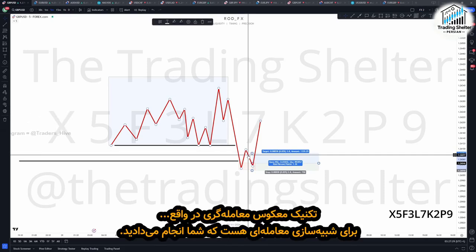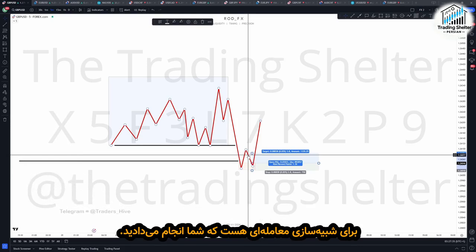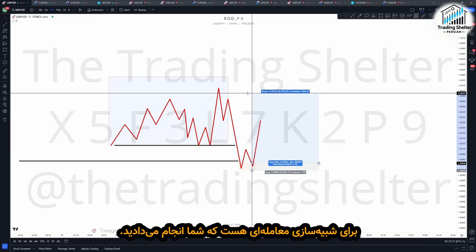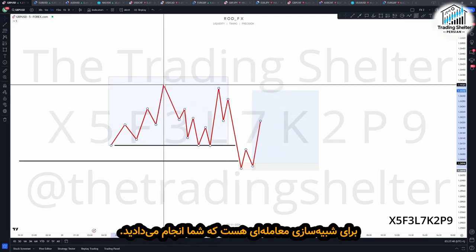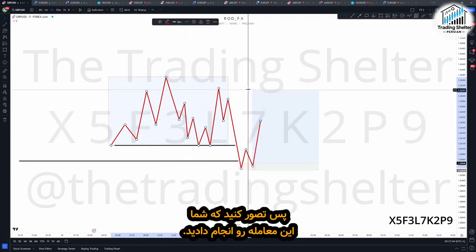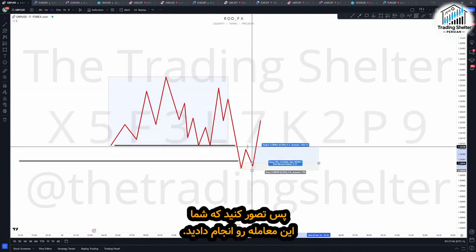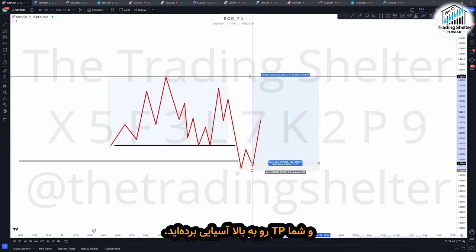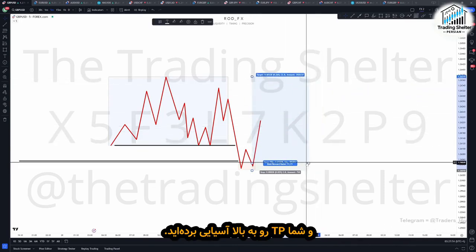The reverse trading technique is there to simulate the trade that you would have taken. So imagine that you would have taken this trade and you would have taken the TP to Asia high.